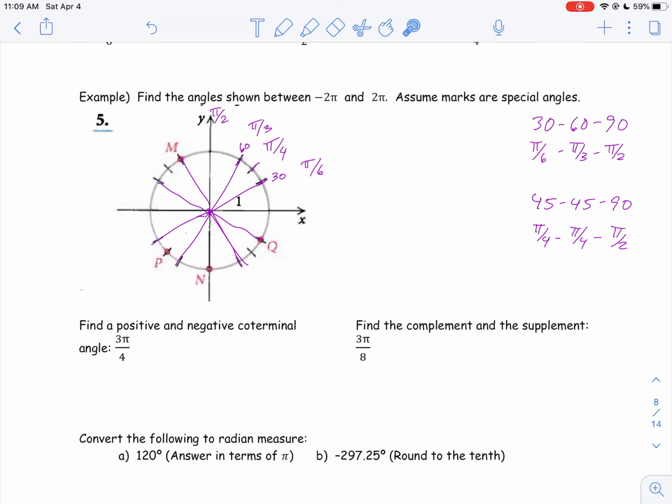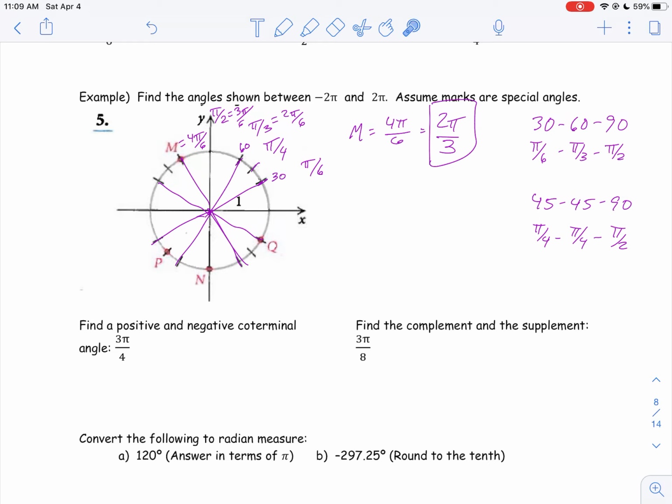If I think of this as pi over 6, pi over 6, pi over 6, so this is pi over 6, 2 pi over 6, 3 pi over 6. M then is 4 pi over 6, which if I reduce is 2 pi over 3.